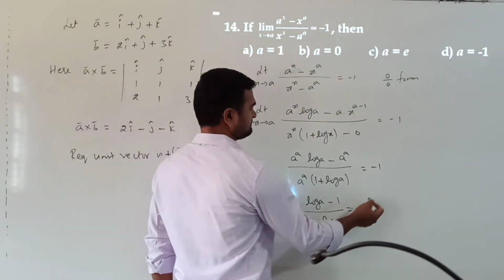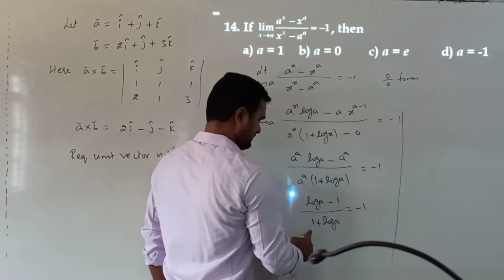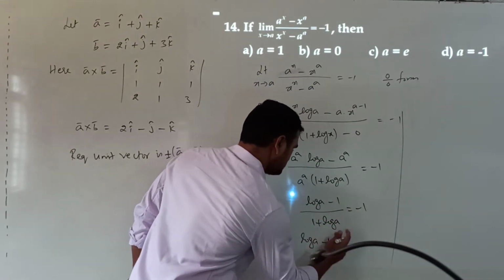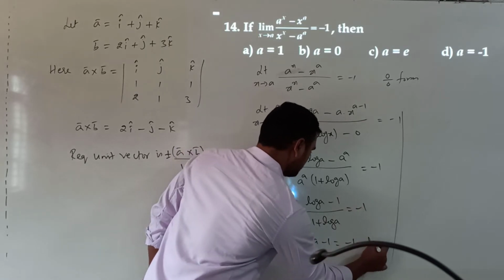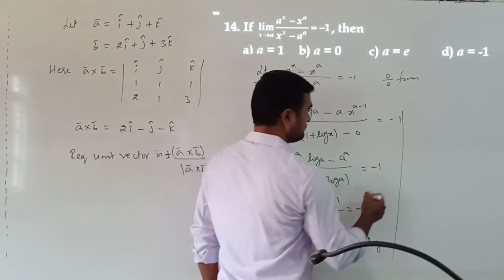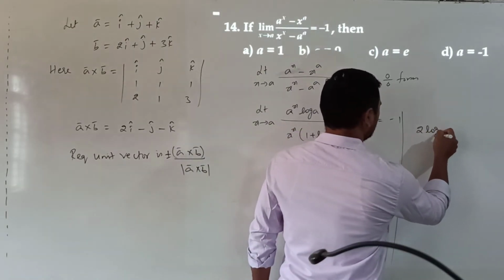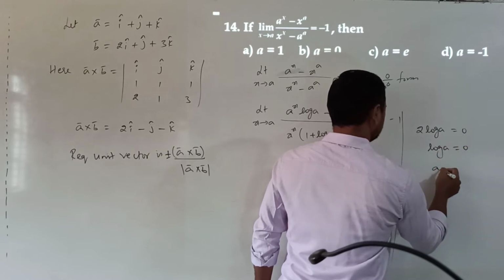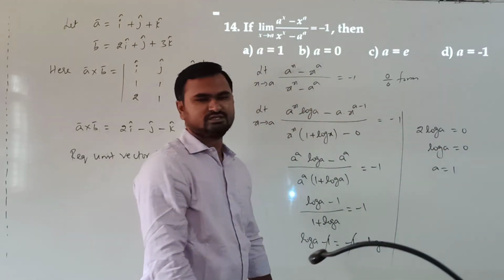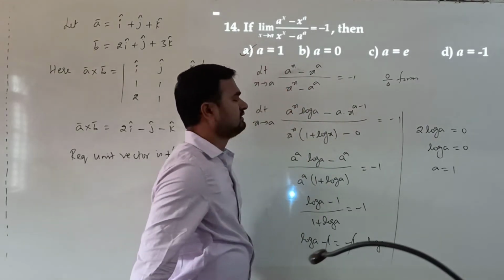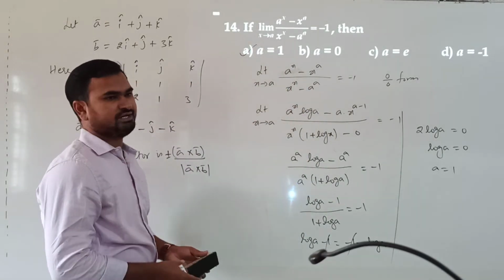Let's solve this. Log a minus 1 is equal to minus 1 minus log a. So minus 1 will get cancelled. Arrange on one side, 2 log a is 0. So log a will be 0. Log a is 0 means a value is 1. So the required a value must be 1. Then only the limit value is minus 1.